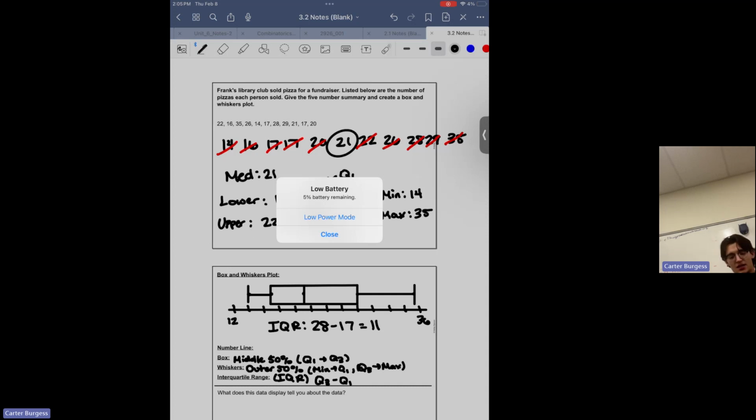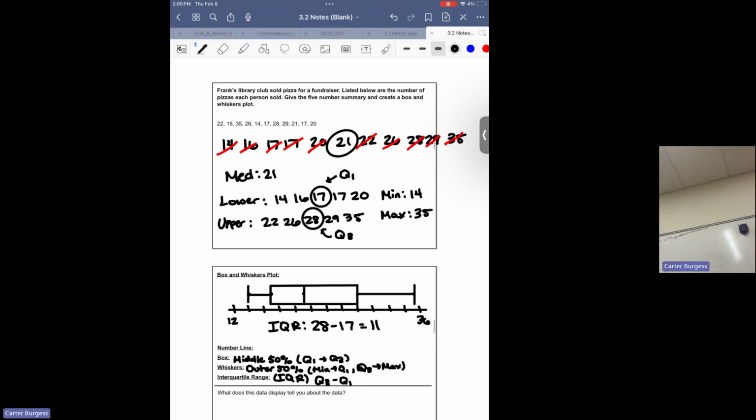All right, questions with 3.2? So 17 is not Q2, 17 is just the value that we were looking at. The question is which quartile this would fall under.